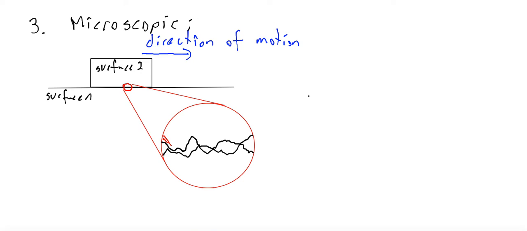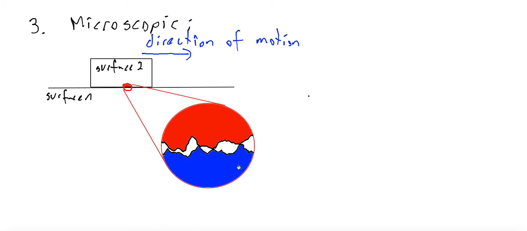Maybe it will be better if I use this option. I hope it will be working. Okay, so red color is the upper surface, so this one. And blue color represents the lower surface, so this one. Okay, nice option, better than in the classroom.